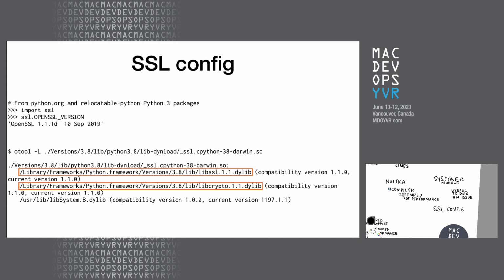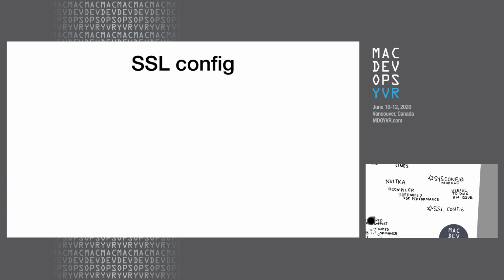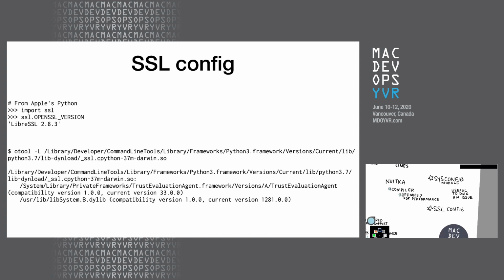So in this case, we can see that it's linking to the absolute path at /Library/Frameworks/Python, and we can see it linking to the two different SSL dynamic libraries there that the python.org installer includes. If we run the same thing from Apple's Python, we can see it's linked against LibreSSL instead. And we can see that it's linked against Apple's internal security frameworks rather than a standalone distribution of OpenSSL.